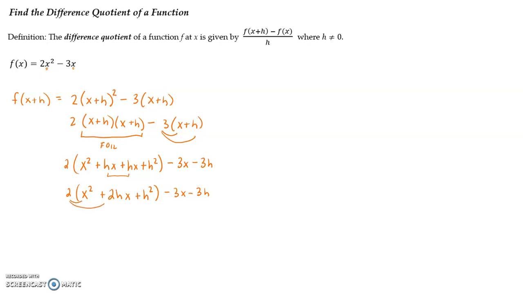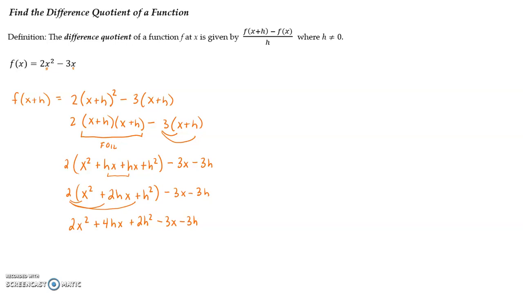It's only going to be distributed to those things inside the parentheses. So we've got 2x squared plus 4hx plus 2h squared. And then we can go ahead and write the rest of this. We've got minus 3x and a minus 3h.